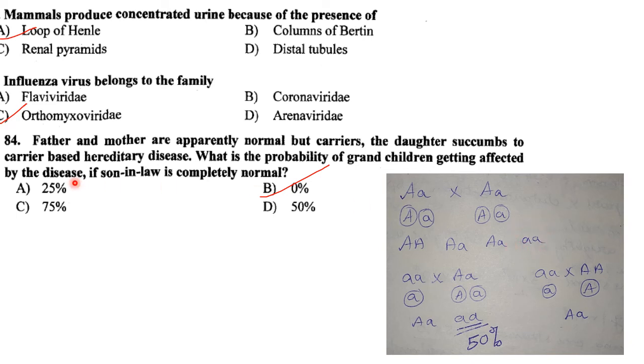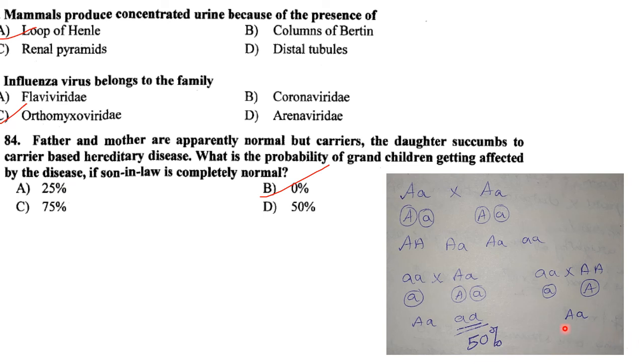Now she marries a person who is completely normal. So he can be either capital A, small a, or capital A, capital A. When this daughter marries a man carrying the genotype capital A, capital A, then all the offspring will be normal. They have asked what is the probability of grandchildren getting affected by the disease.